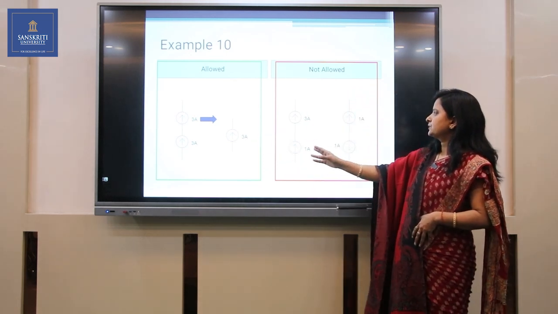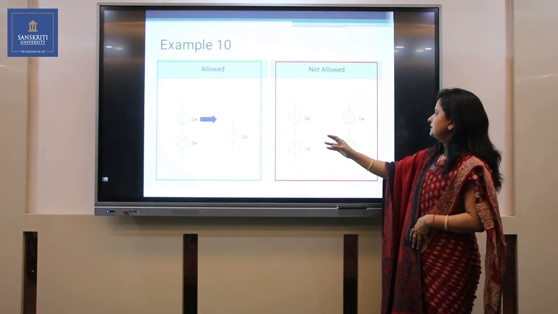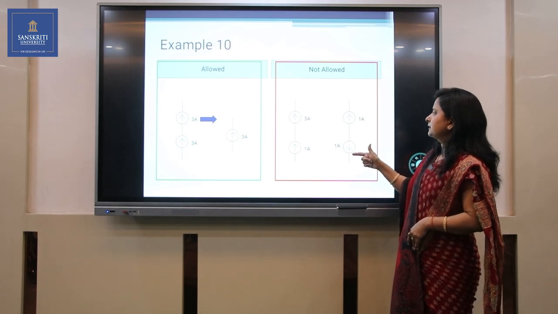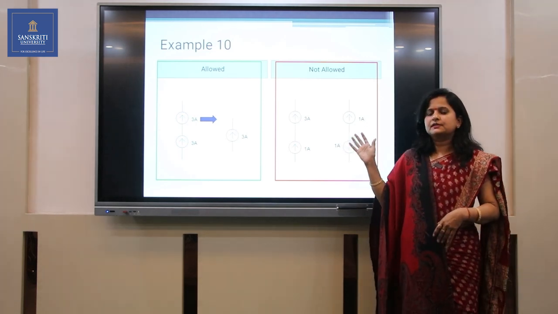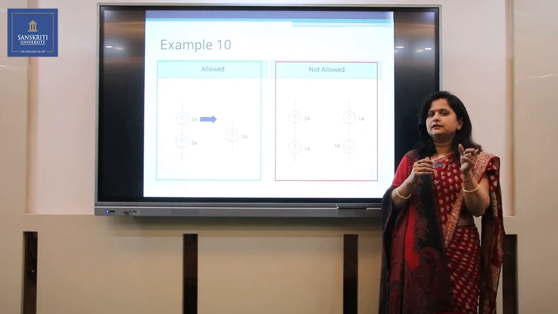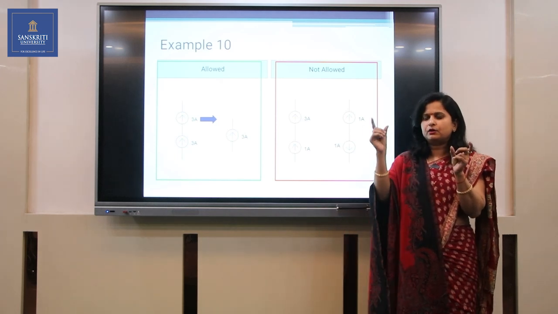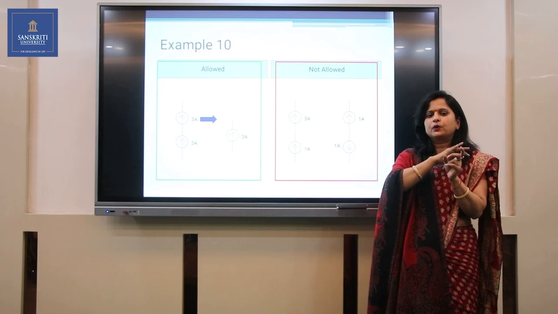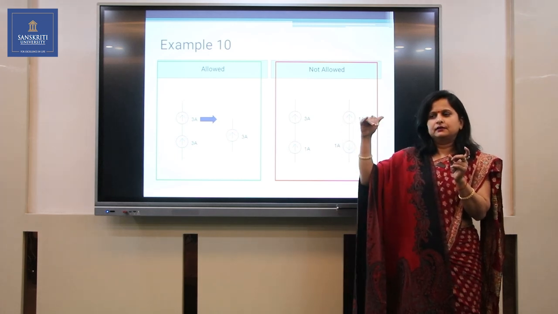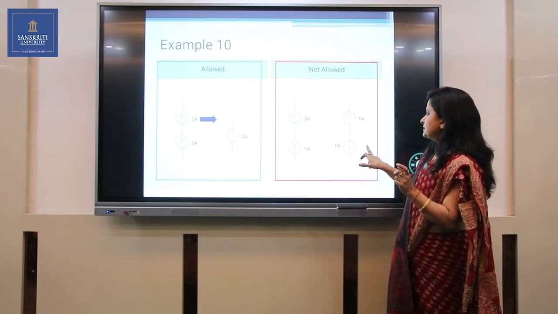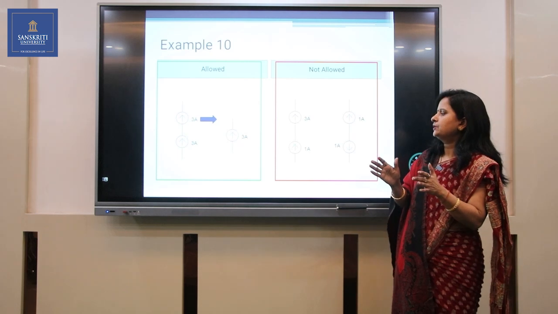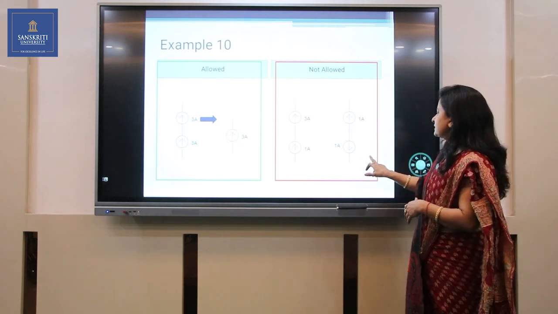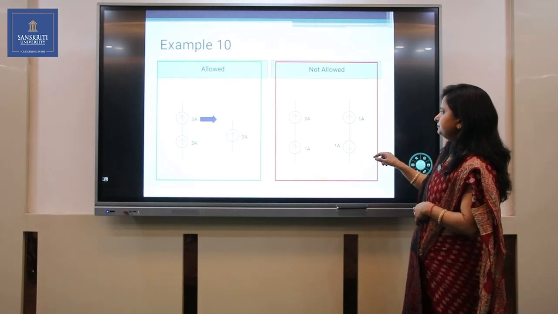If a 3 ampere current source and a 1 ampere current source are in series, these are not allowed, because in series, if there is a current source, it will maintain that amount of current for the whole line until it is diverted. So in series, if there is a current source, the whole line will have the same amount of current.